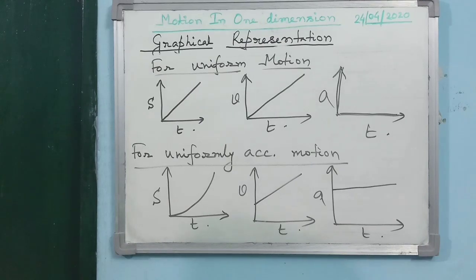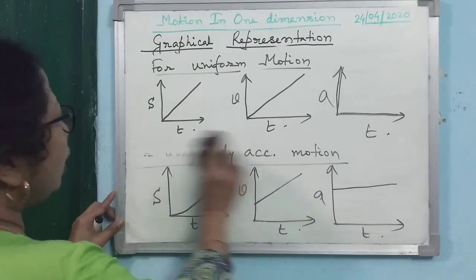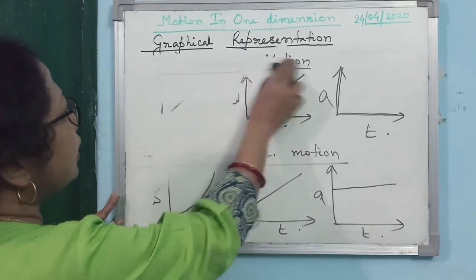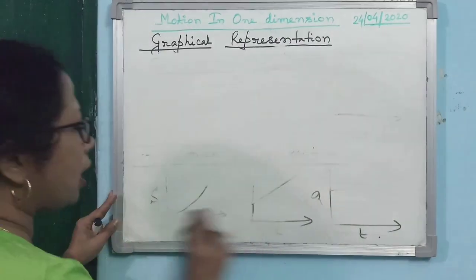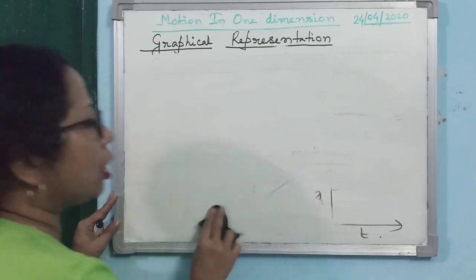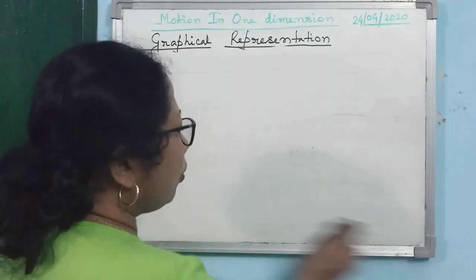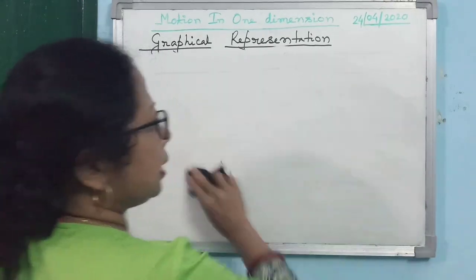Then the next one is the concept of acceleration due to gravity. You know that whenever a body falls down under the action of gravitational force, whenever there is a force, there is an acceleration.